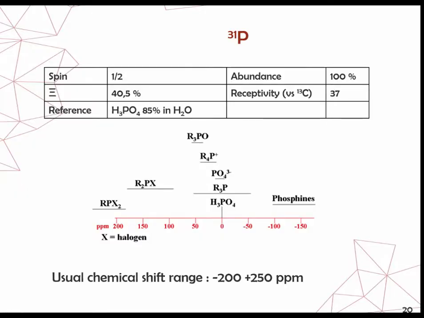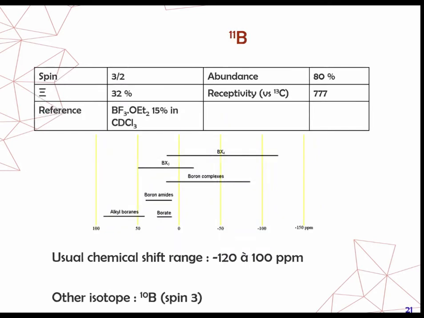But for another nucleus like boron, it can be more tricky because we have a 3/2 spin, which induces unusual coupling patterns, for example, in proton spectra.